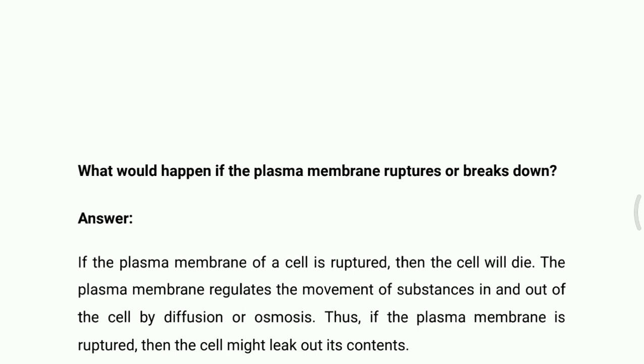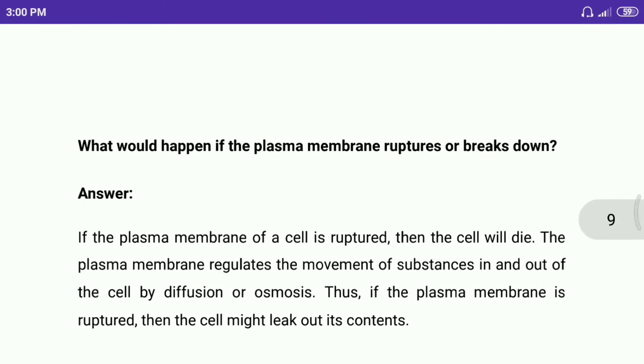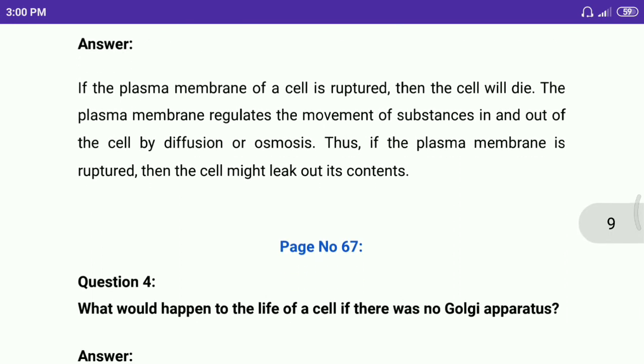The plasma membrane regulates the movement of substances in and out of the cell by diffusion or osmosis. Thus, if the plasma membrane is ruptured, then the cell might leak out its contents.